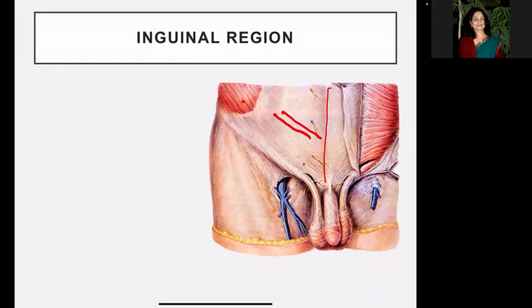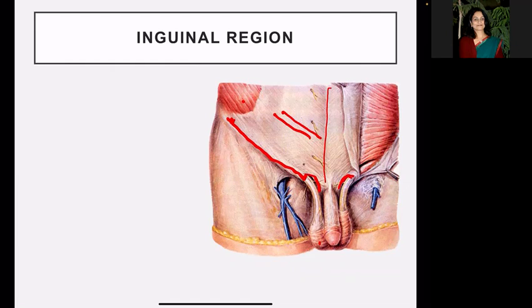This is the attachment of the inguinal ligament, from the anterior superior iliac spine to the pubic tubercle. Just above this, there is a hiatus called the superficial inguinal ring, which gives passage to the spermatic cord, its coverings, and the ilioinguinal nerve.